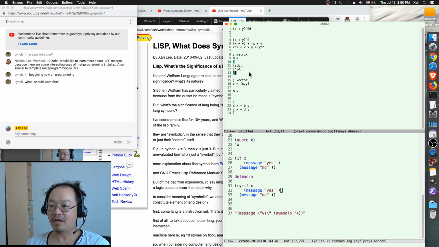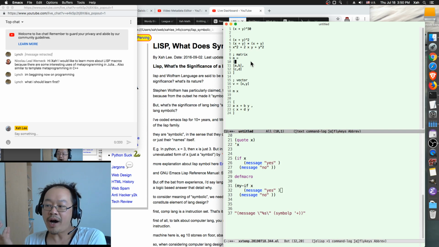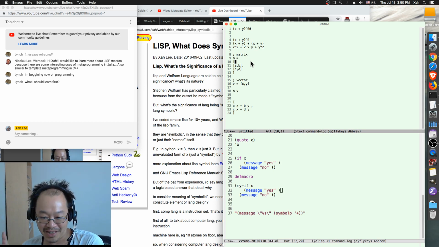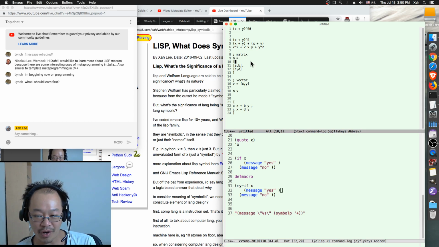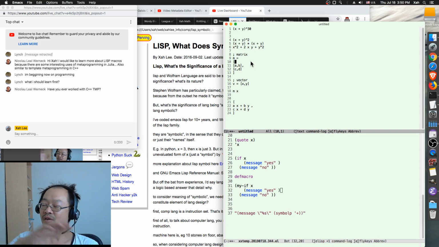Now the next question is, if you want your language to be able to do symbolic math, computer algebra, at least the basic ones, is it required that your language be symbolic the way Lisp and Mathematica are? That's an interesting question. If it is required, then we have a problem. All the general purpose languages, Java, Golang, Perl, Python, Ruby, are not symbolic.